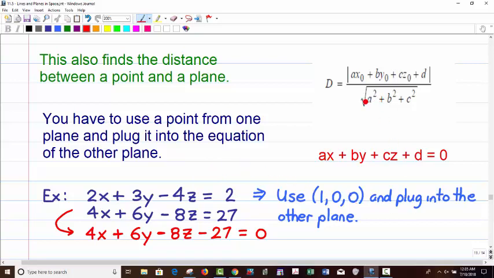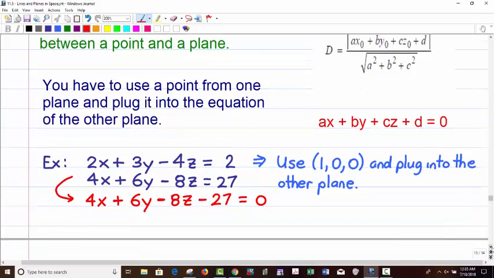Now what you want to do to make this work is use a point from one plane. So we're actually finding a point on one plane and then finding its distance to the other plane. The second plane will be the one we treat as the plane, and from the first plane we're only getting a point. I'm not sure if I'm saying that very well or not.